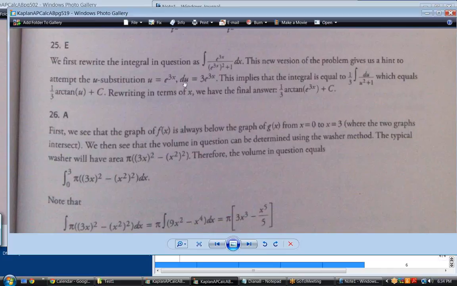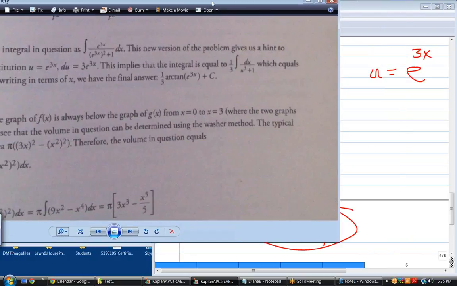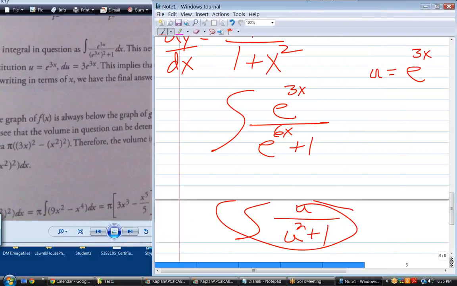If you have a du, you better have some other d, dx, dy, something else. So what they meant was du dx equals this. All right. So we're going to have to use the chain rule here also.